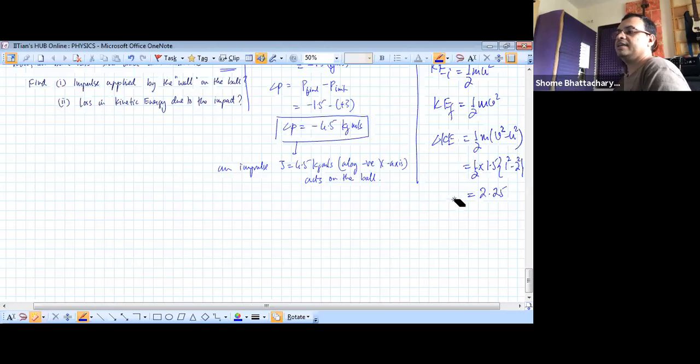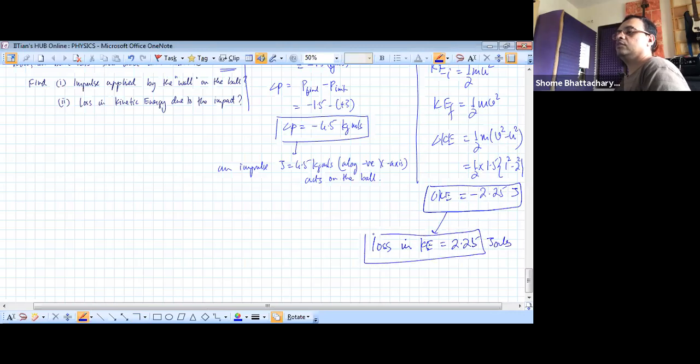So the change in kinetic energy is minus 2.25 joules. This is a change in kinetic energy. Therefore we can say that the loss in kinetic energy is equal to 2.25 joules. There's a 2.25 joule loss in kinetic energy.